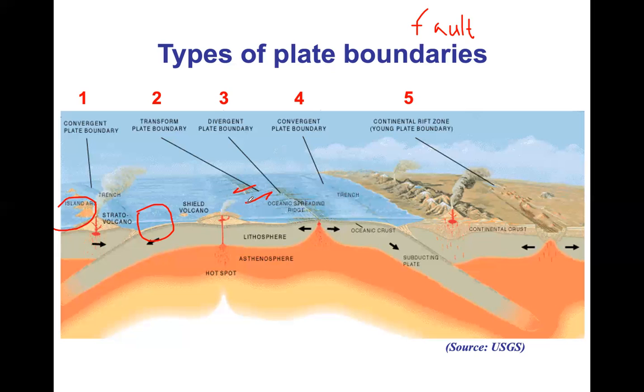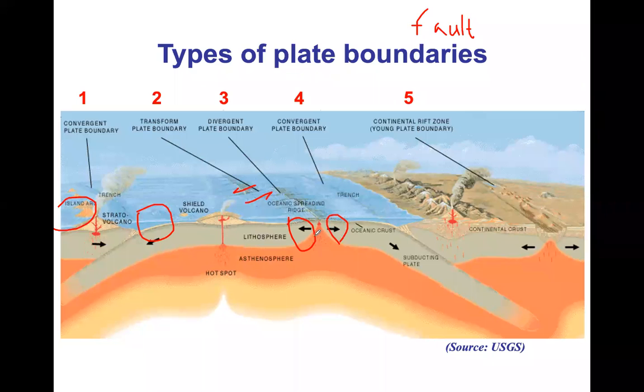And the third situation is the divergence, or divergent plate boundary. That means the two plates are moving away from each other, right? This plate is moving towards the left hand side, and this plate is moving towards the right hand side. So that means they are under divergence, moving away from each other.